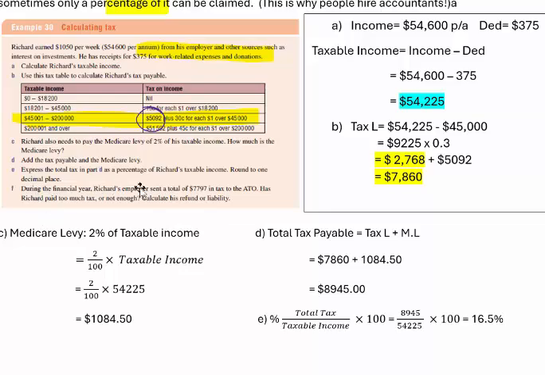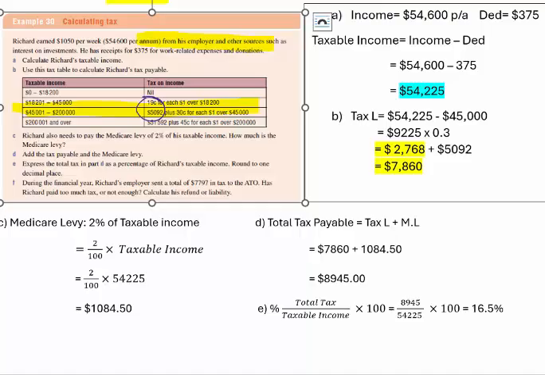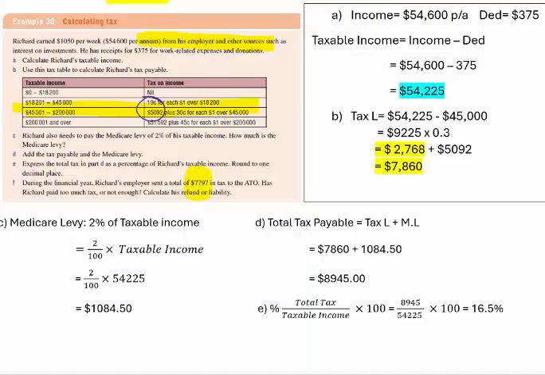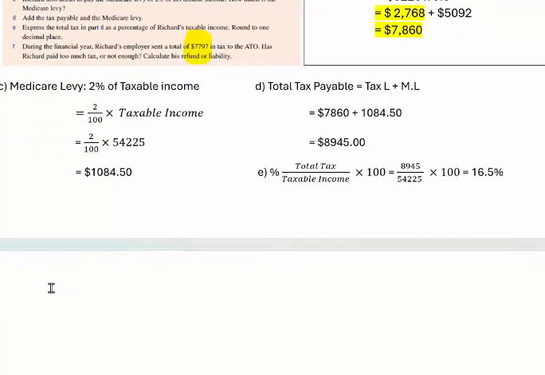Not quite finished. During the financial year, Richard's employer only paid, well, when I say only, wow, $7,797. You can see Richard needs to pay more. So this is F, employer paid $7,797.